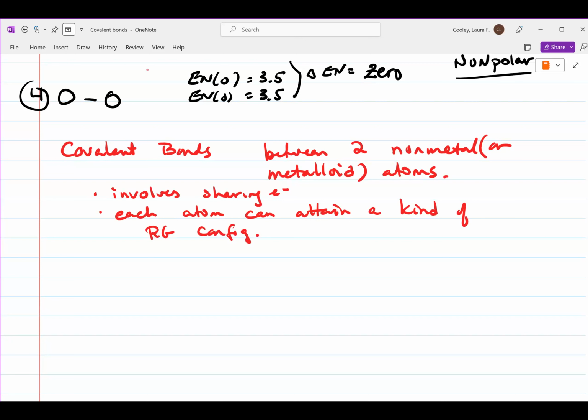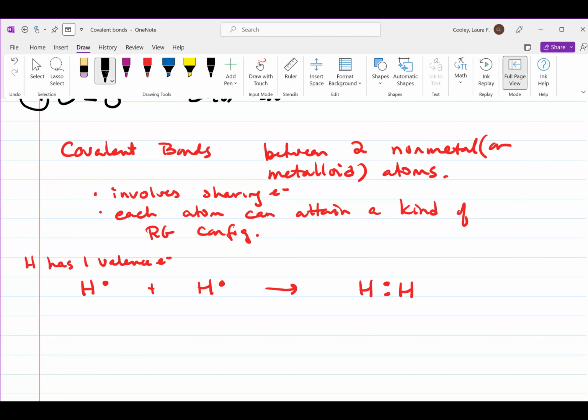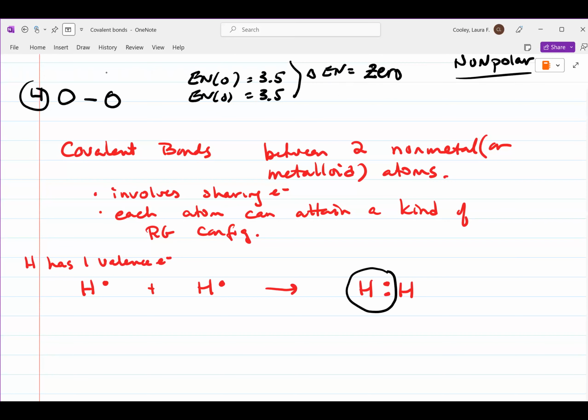And so if I just show you with hydrogen, I could draw a hydrogen with its electron as a dot. Hydrogen has one valence electron. And in the end, they come together, and you can think about the two electrons as going with each one, one at a time.